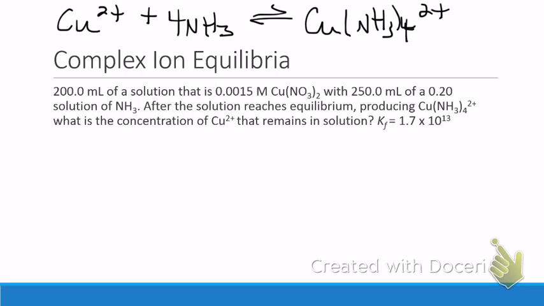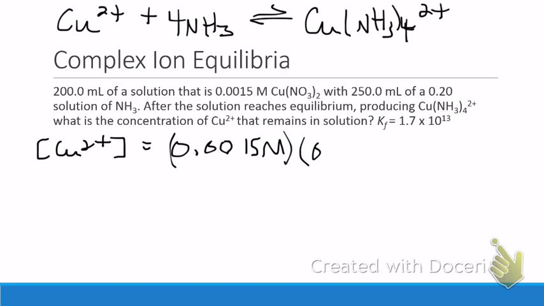So again, our first step will be to find the initial concentrations. For copper 2 plus, we're going to use M1V1 equals M2V2, so our initial concentration is 0.0015 molar, and our initial volume will be 200 milliliters or 0.2 liters.